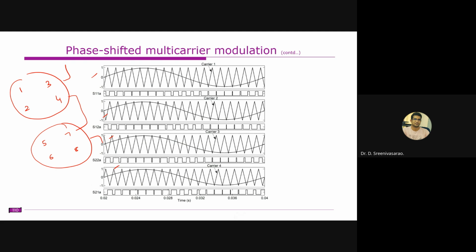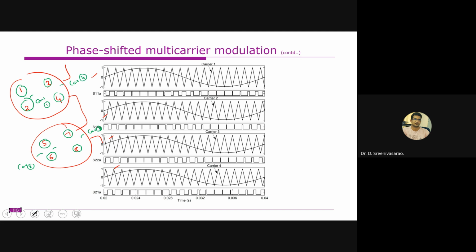So switches 1 and 2 are controlled by one carrier, let us assume carrier 1. Similarly, 5 and 6 are controlled by carrier 2, 8 and 7 are controlled by carrier 3, and 4 and 3 are controlled by carrier 4.